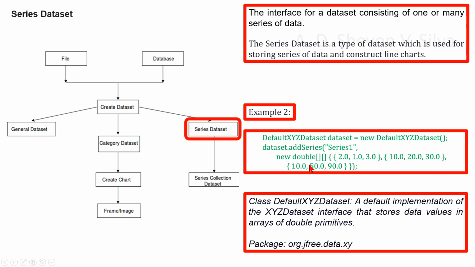The data must be an array with length 3, containing 3 arrays of equal length: the first containing x values, the second containing y values, and the third containing z values. The DefaultXYZDataset is in package org.jfree.data.xy.